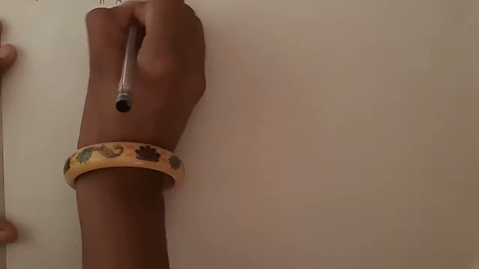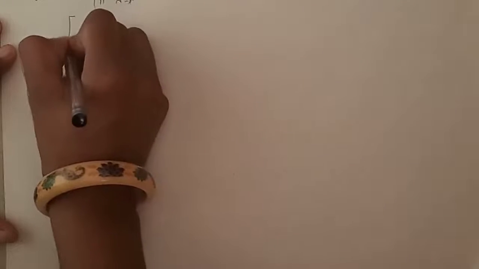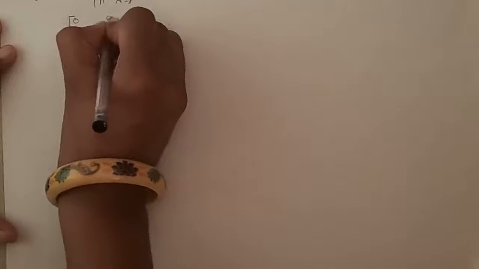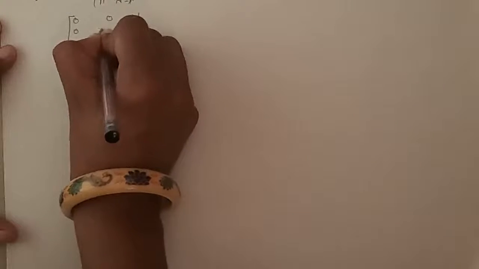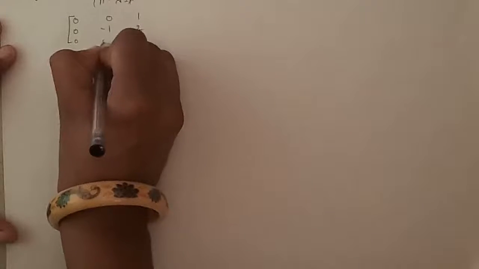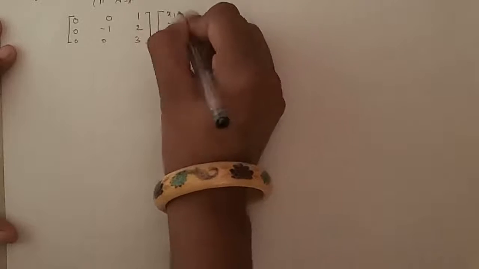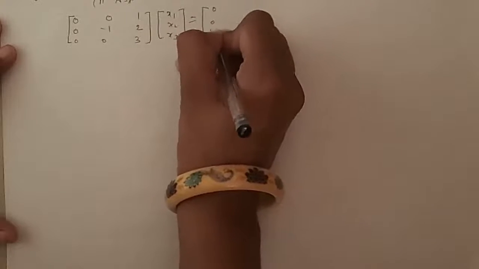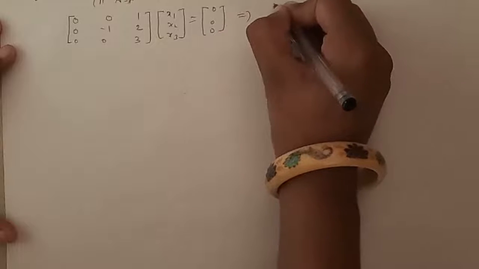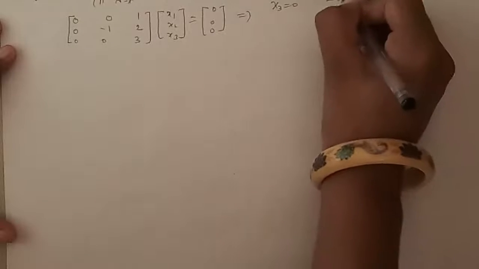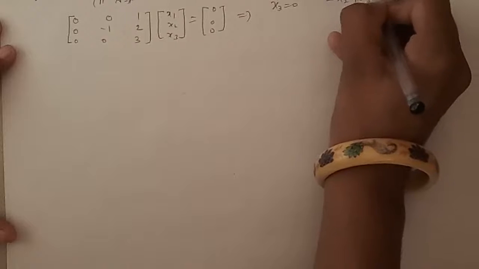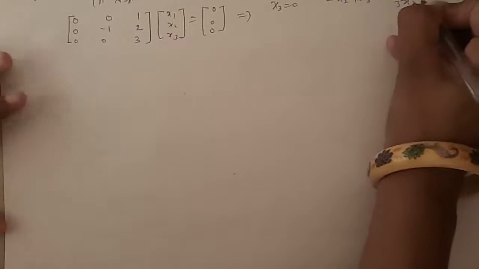Next, for lambda is equal to 1. Again, A minus lambda I into x is equal to 0. So we have 1 minus 1 as 0, 0 1, 0 minus 1 2, 0 0 3, x1 x2 x3 is equal to 0 0 0. On solving this, we will get x3 is equal to 0, minus x2 plus x3, 2x3 is equal to 0, or 3x3 is equal to 0.